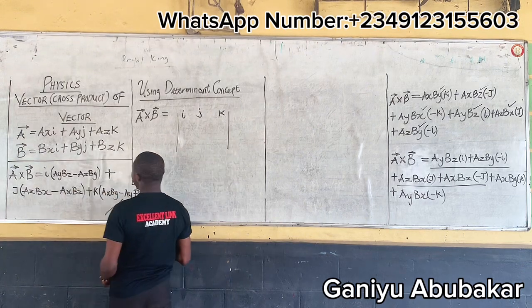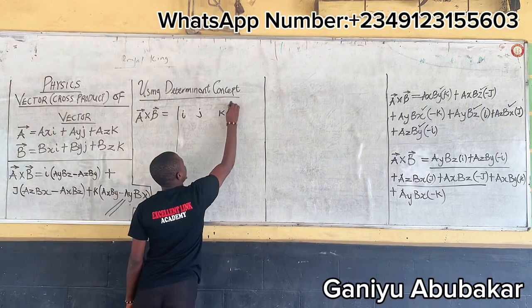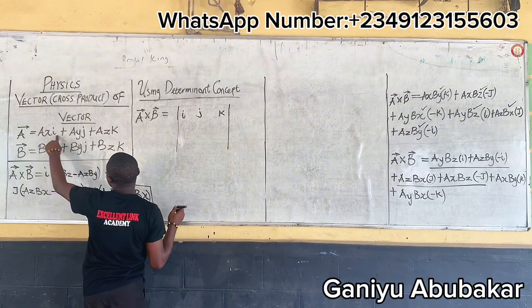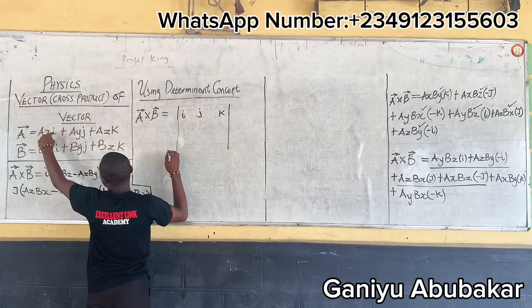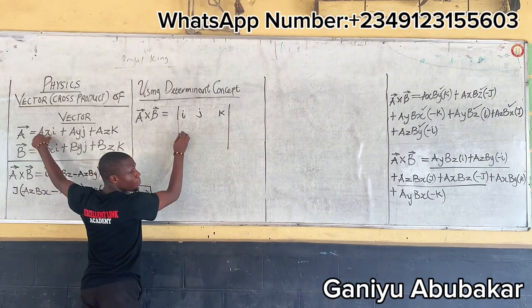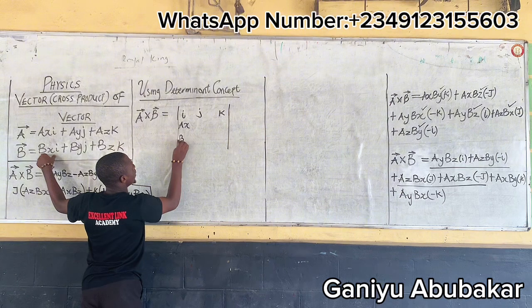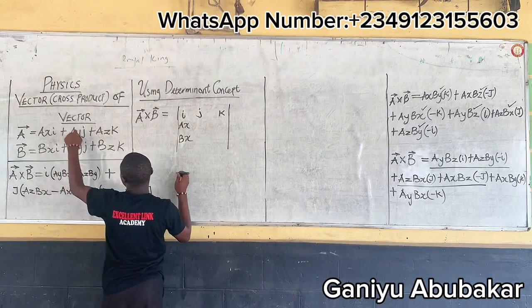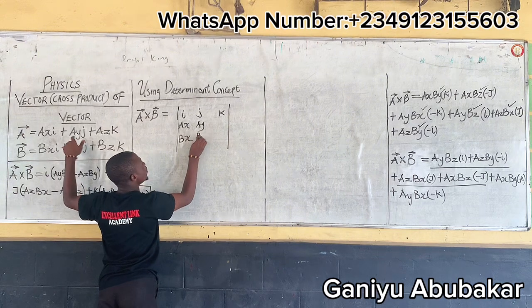Now observe your I. For I, I have AX and BX. For J, I have AY and BY.